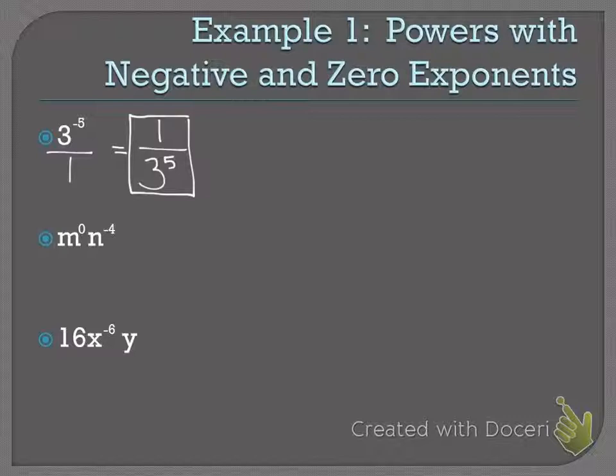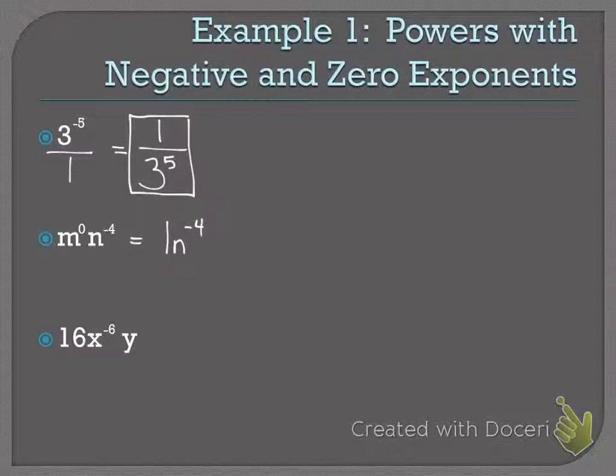Now look at the second one. I have m to the power of 0. But what did we just say about any number or variable raised to the power of 0? It equals 1. So now I have 1 times n to the negative fourth. Okay, the 1 is separate. It's really understood. Do I necessarily need the 1 there?